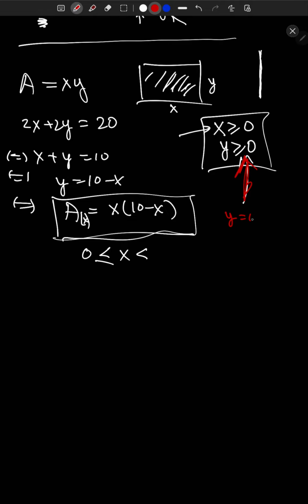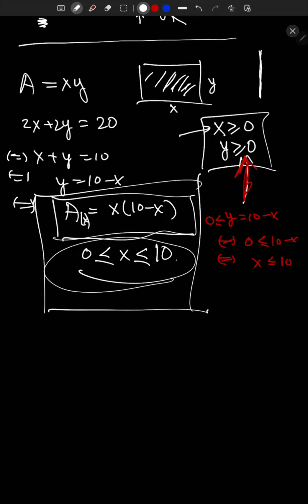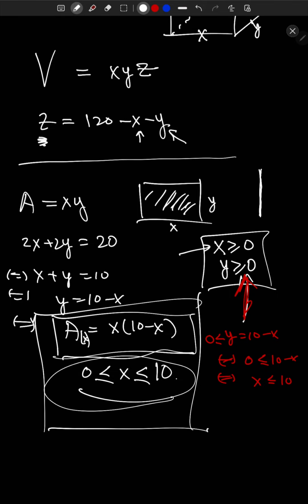Well, y is equal to 10 minus x, y is bigger than or equal to 0, and so 0 is less than or equal to 10 minus x, and so x is less than or equal to 10. So that's what told me that I needed to consider x between 0 and 10. Now in one variable calculus, I could do the problem: I have a function and I have a region. In our multivariable setting, we're going to do literally the same thing, and we're going to get our region in literally the same way.